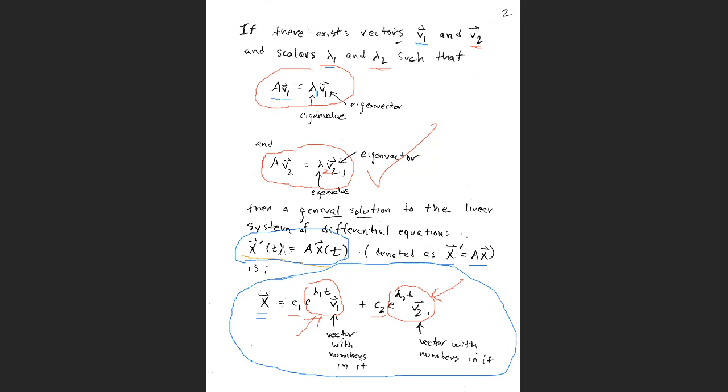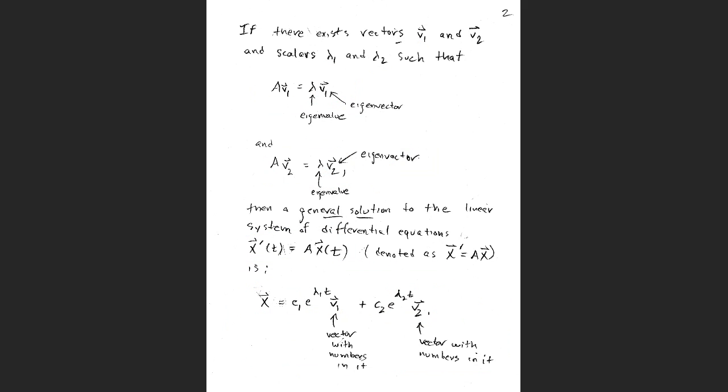Now, I think it would be valuable for you, I'll wait till you're done copying, that you see a proof of why this is true. So on the next page we're going to prove why we can have a solution of a linear system of differential equations given in this form.